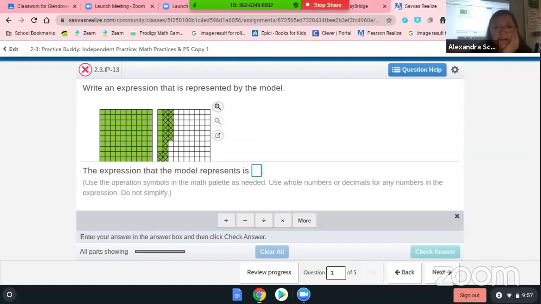Everybody else, and then Fatima, you just need to count how many tenths and hundredths were X'd out, and that's what you're subtracting. So then minus, and you subtract however many tenths and hundredths are X'd out. And you don't need an extra space in there. All right, you can stop sharing.